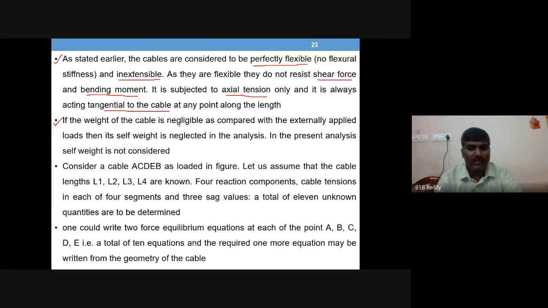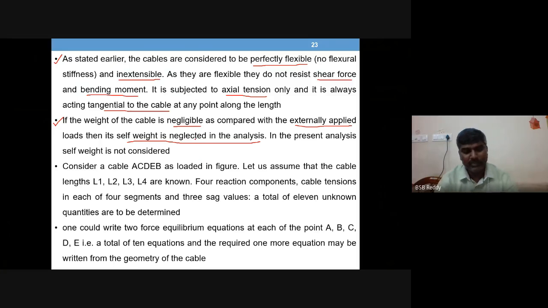If the weight of the cable is negligible compared with the externally applied loads, then self weight is neglected in the analysis, because as we proceed to analysis we need some assumptions. So these are the things we are considering for the present analysis: the cable can take only axial tension, and the self weight of the cable is neglected.